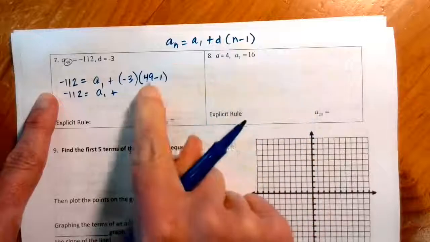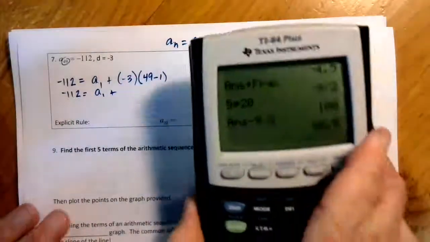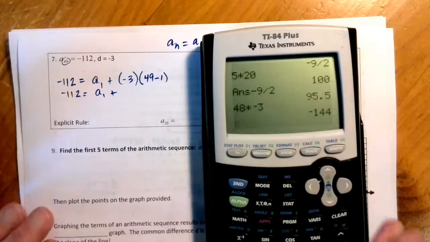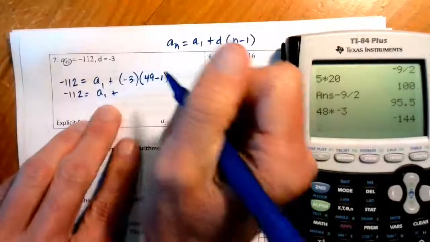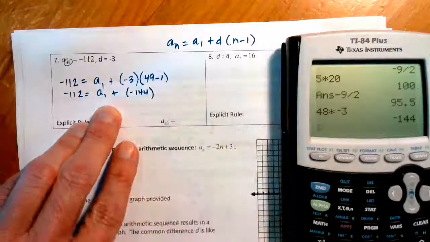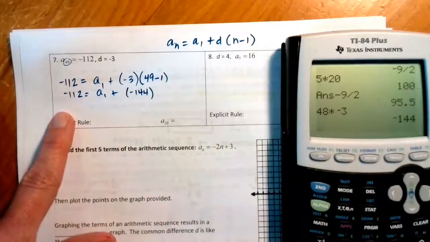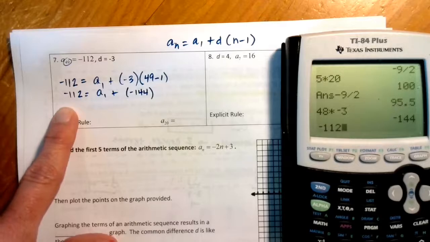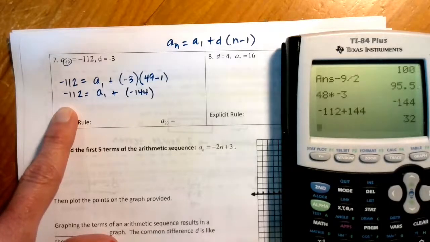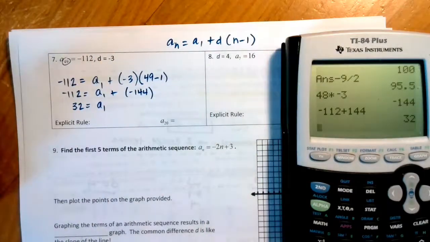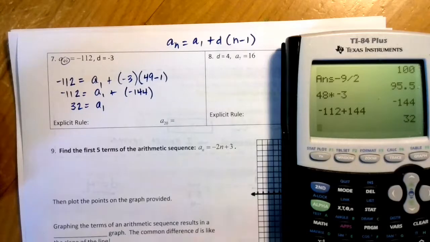And then we can go ahead and simplify this. So 49 minus 1 is 48. And then 48 times negative 3 is negative 144. So then I'm going to go ahead and add my 144 to each side. So when I add negative 112 plus 144, I end up with 32. So what this means is my first term was 32.